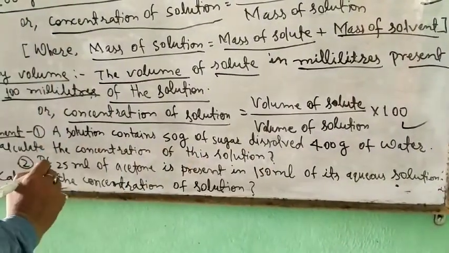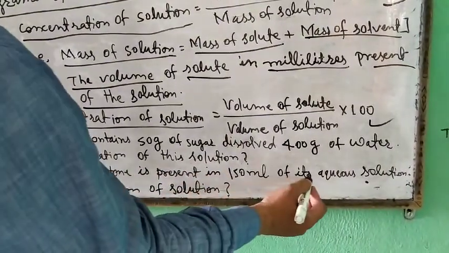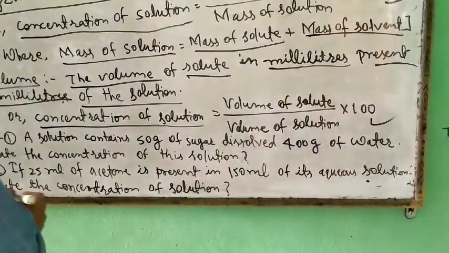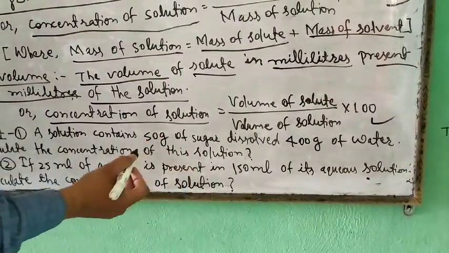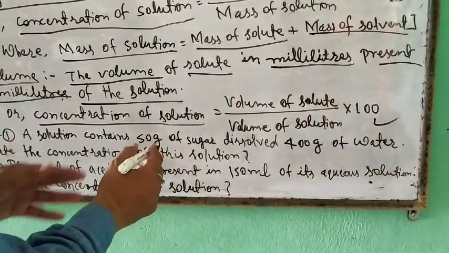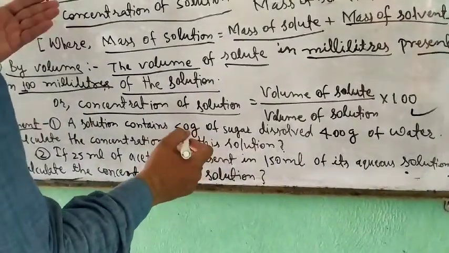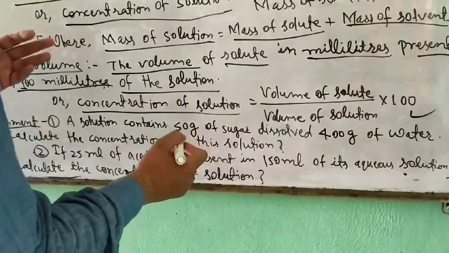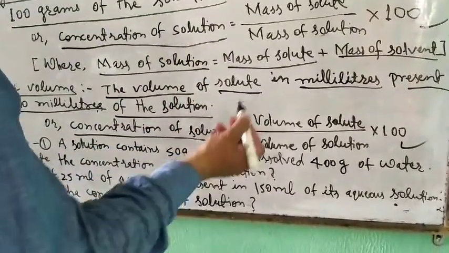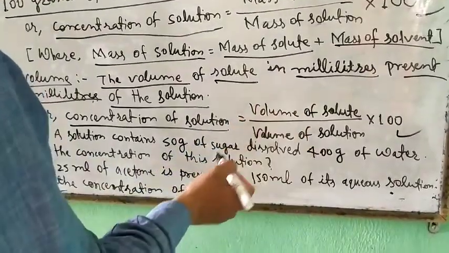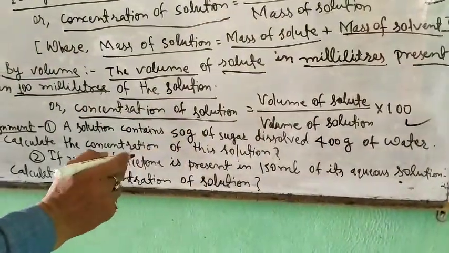And the second one: if 25 ml of acetone is present in 150 ml of its aqueous solution, calculate the concentration of solution. The first question can be solved by the first formula, and the second question is solved by the second formula. So by using these two formulas you can solve this problem.